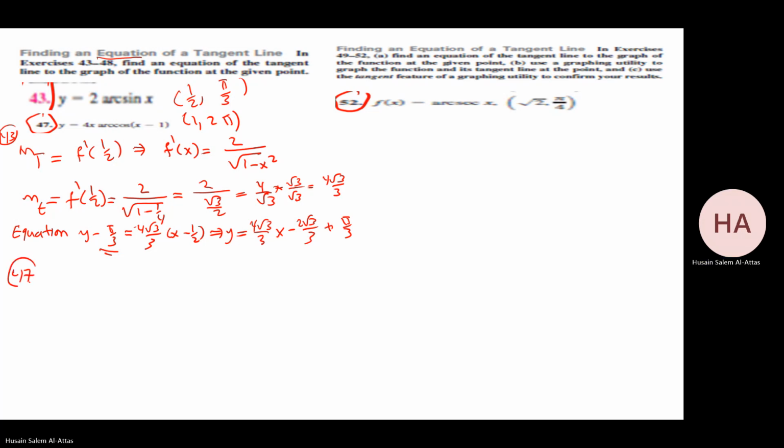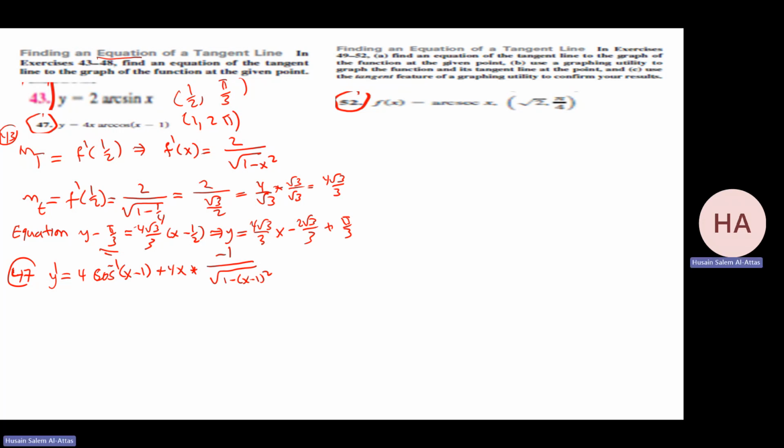47. What I have is a product, so I need to find the derivative first. So y prime will be 4 cosine inverse of x minus 1, plus 4x times 1 over square root of 1 minus (x minus 1) squared. Don't forget there's a minus 1 there.